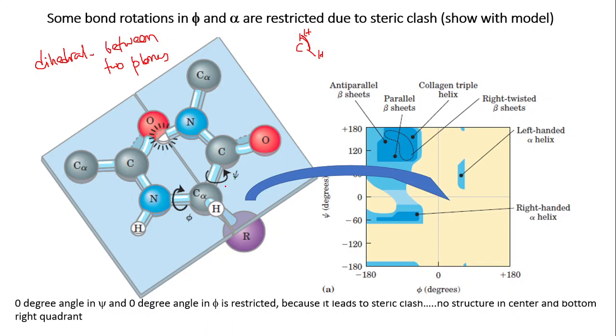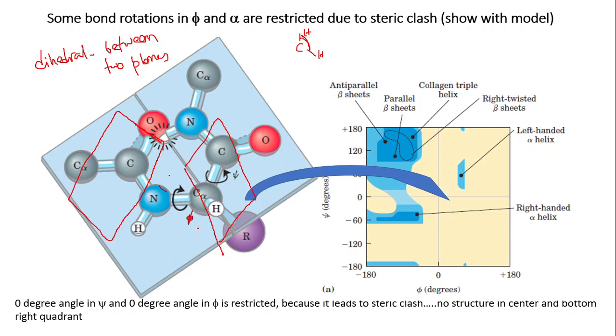Dihedral angle means, let's say you consider this particular part of the molecule as one plane, and this particular part as another plane. So this angle signifies the angle between these two. Whenever these two rotate, there will be some angle generated between them. That angle is called phi.